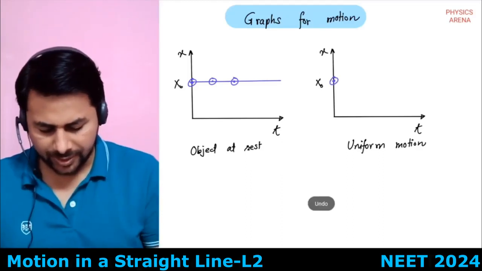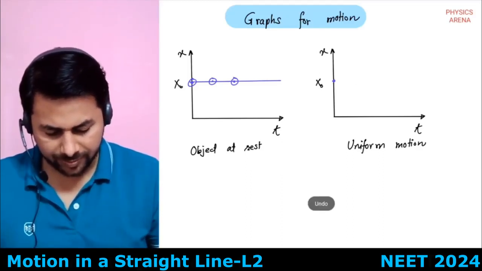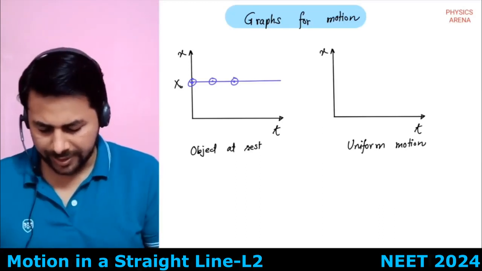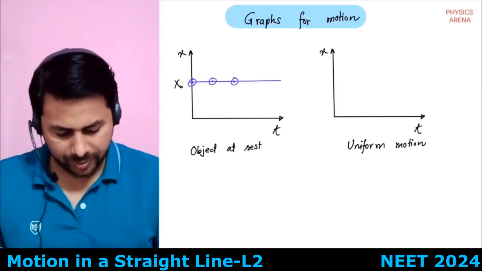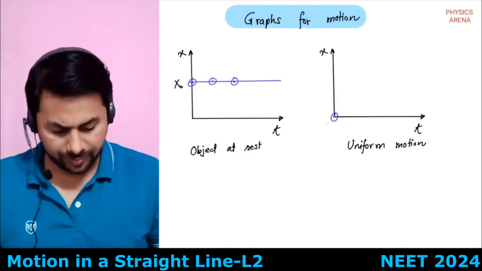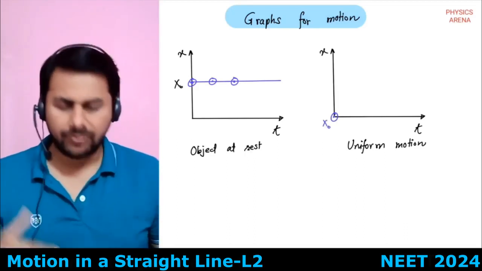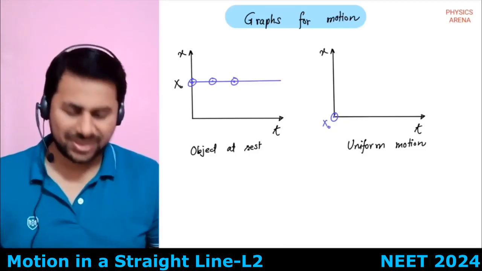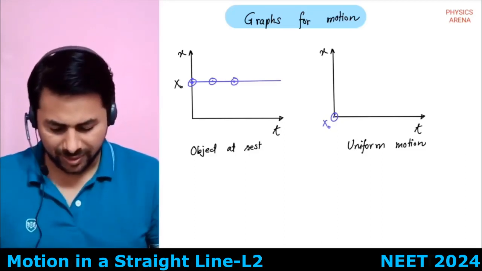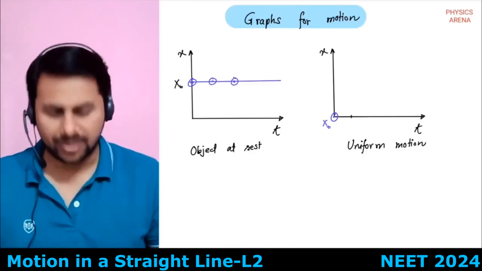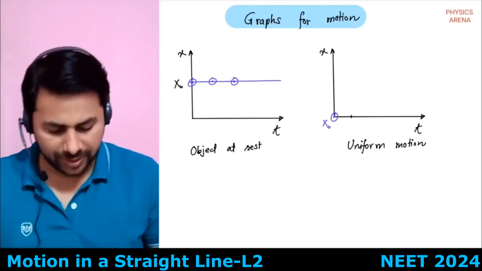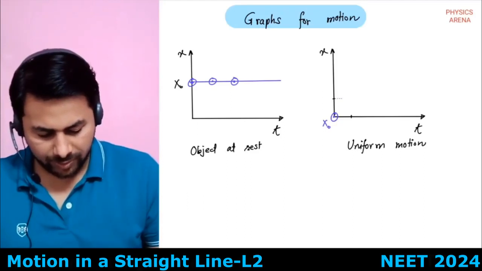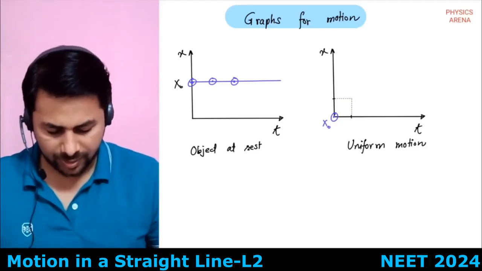Okay, let me change the x0. Let me take it at the origin. So this is, suppose, x0. So I can say in 1 second it covers a distance equal to 1 meter. So in 1 second, t equals 1 second, it goes here. So this will be your point, right?